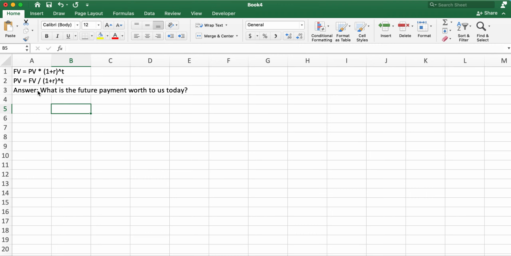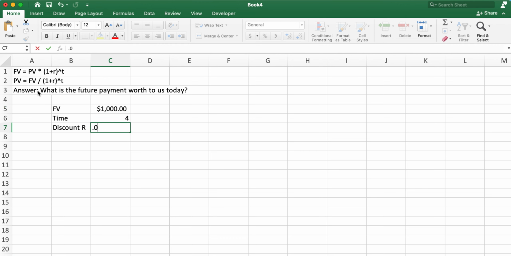So we need a future value, we need time to maturity, and we need an interest rate. And we can also call this our discount rate. So let's say we are going to be paid $1,000 in 4 years from now, and let's say that we have a 8% interest rate.